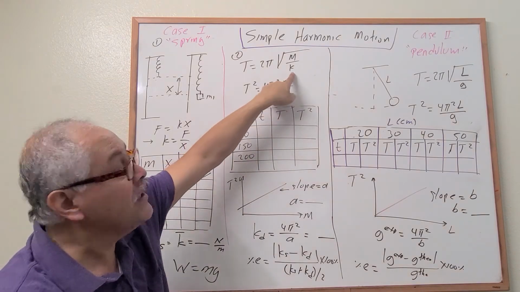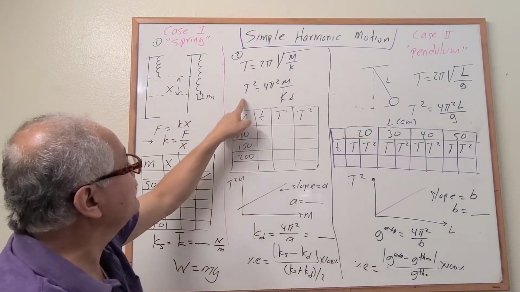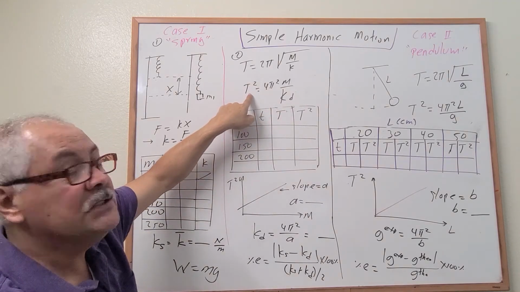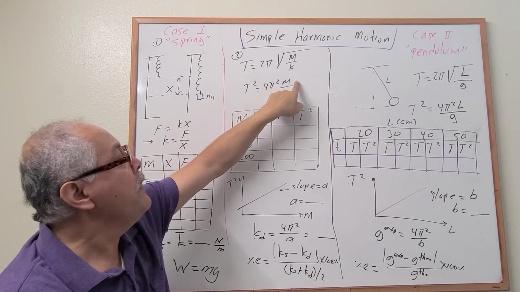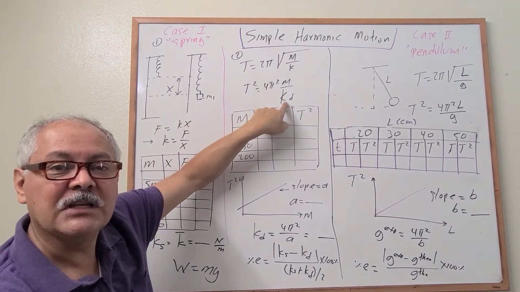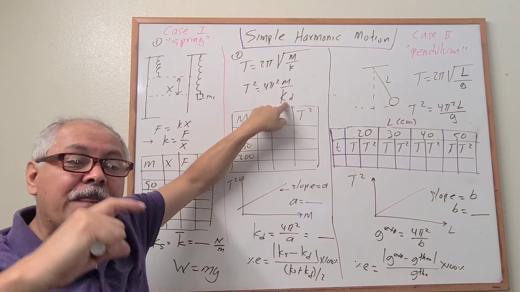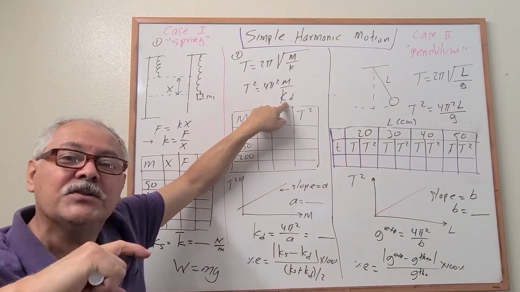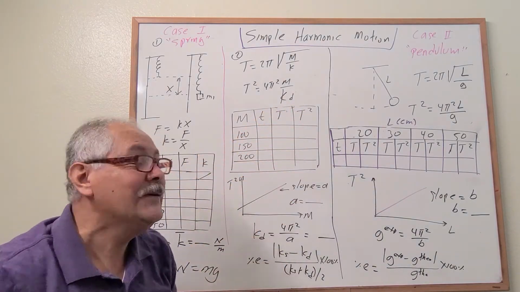Now, because we're looking for k, let's cancel the square root by squaring both sides. Then we have the period squared equals 4 pi squared mass divided by the spring constant. But because this is the spring constant for the case when we have oscillations, let's label it Kd. This stands for dynamic. Okay.